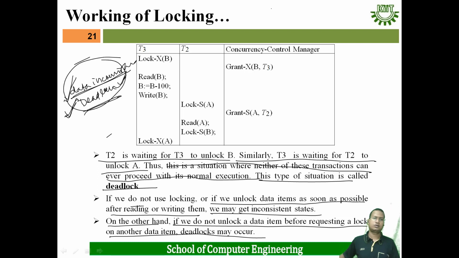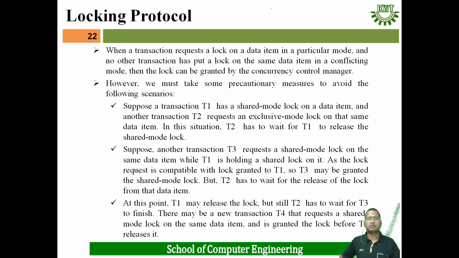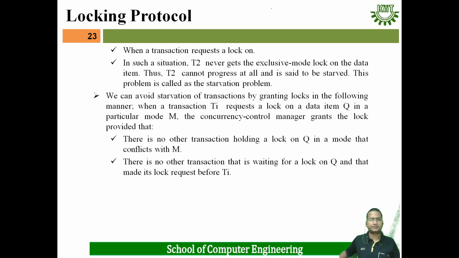Okay, that's why to solve these two problems, we have to do some enhancement on the basic locking protocol. And this is all about the locking protocol. Suppose the T1 transaction has applied a read lock on A, and the T2 transaction wants to apply an exclusive lock on A, then that cannot be granted.